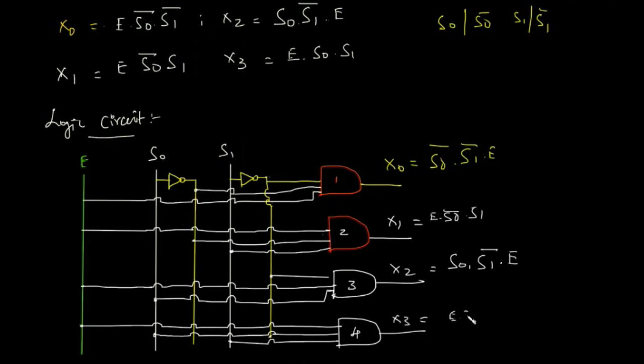So this gives you X3. X3 is nothing but enable dot S0 dot S1, right? So this is the logic circuit of 1x4 DeMux, right?